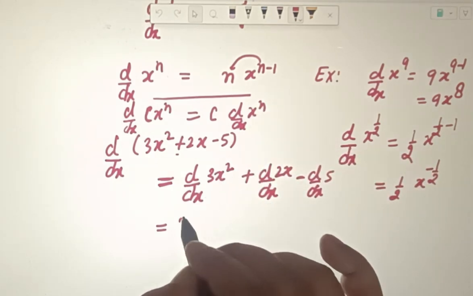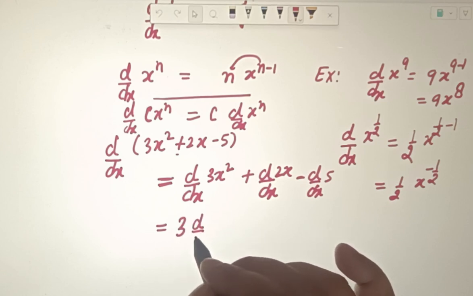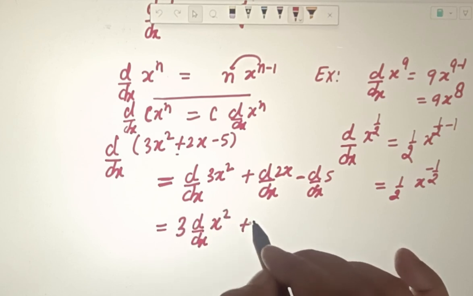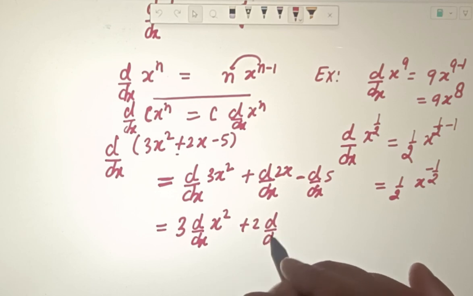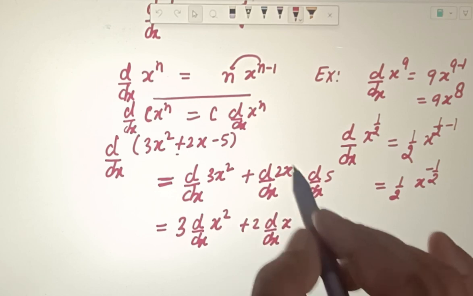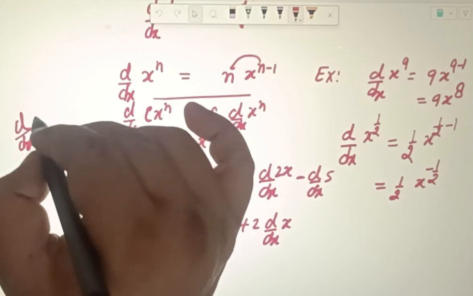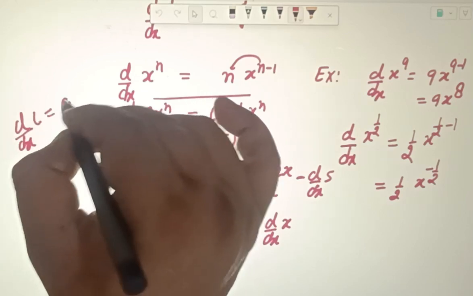Similarly we apply here 3 d by dx of x square, plus 2 d by dx of x. Now the derivative of a constant term is always 0.